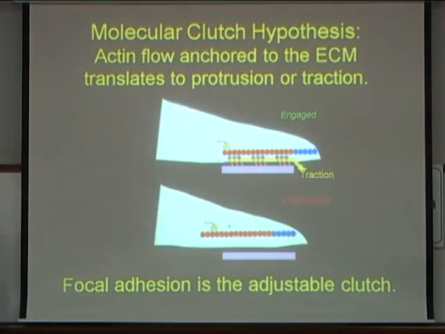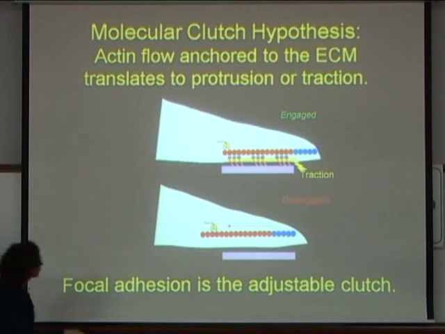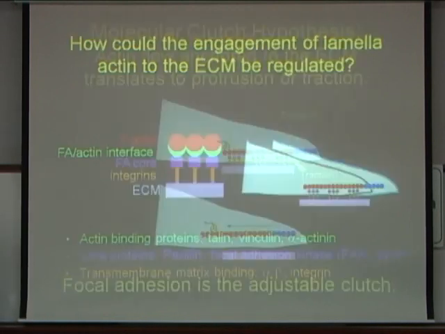And if you don't engage it, then you just have straight retrograde flow. So the focal adhesion has been hypothesized to be this adjustable clutch that links the motion generated in the actin cytoskeleton to the extracellular environment.